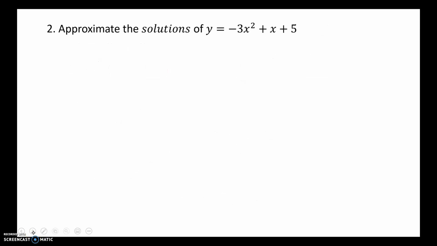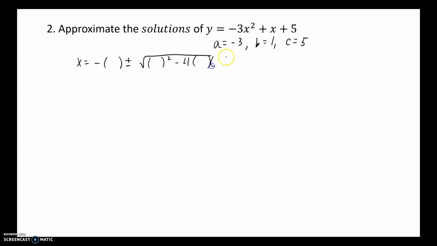Now I'm going to approximate the solutions. So a is equal to -3, b is equal to 1, c is equal to 5. x equals opposite of b plus or minus square root of b squared minus 4ac all divided by 2a.